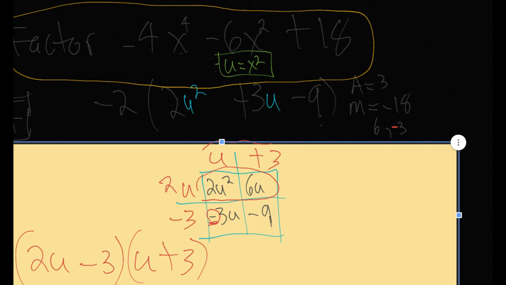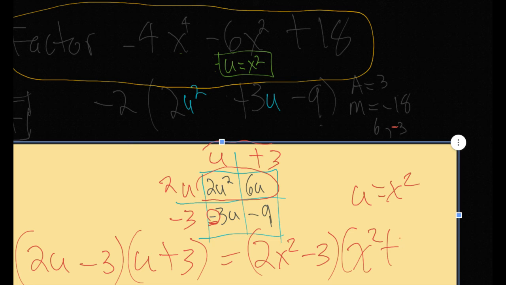But we need to write that in terms of x, and we remember that u just equaled x squared. So I'm going to end up with 2x squared minus 3 multiplied by x squared plus 3. So if I was solving this, though, I definitely wouldn't have any solutions for this factor, right?